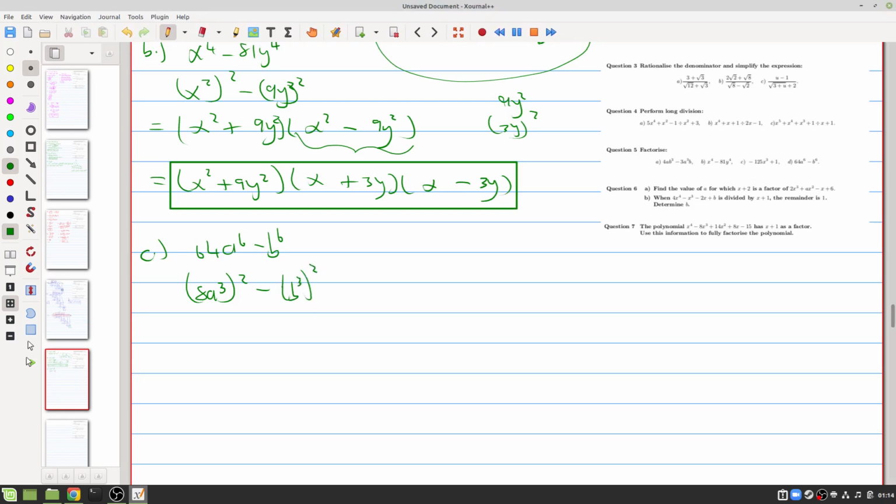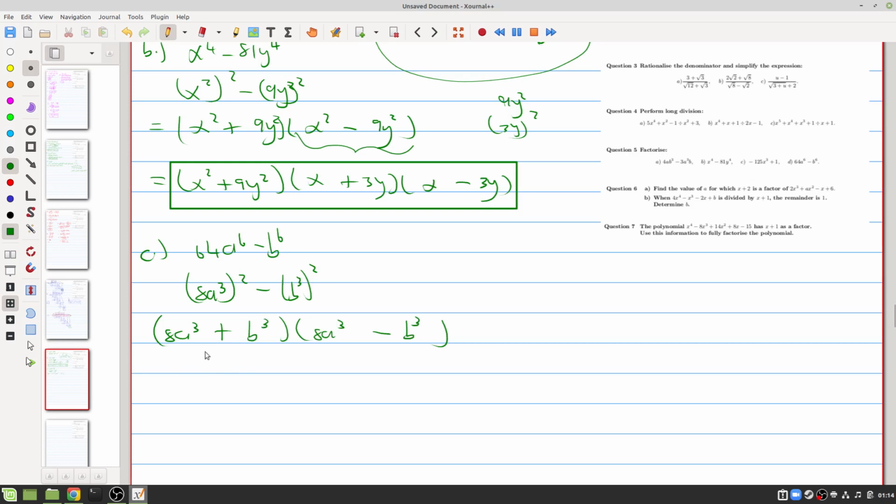Okay, so let's start it off like this, because you could also see it as a difference between two cubes, but let's start it off like this. Okay, so we know it's going to be two brackets. One gets a plus, one gets a minus. Then over here it's 8a cubed, 8a cubed, and then here it's b cubed, b cubed.